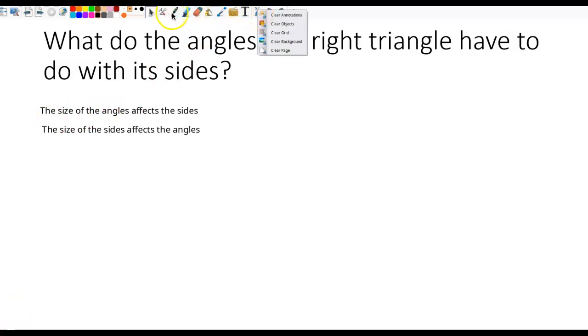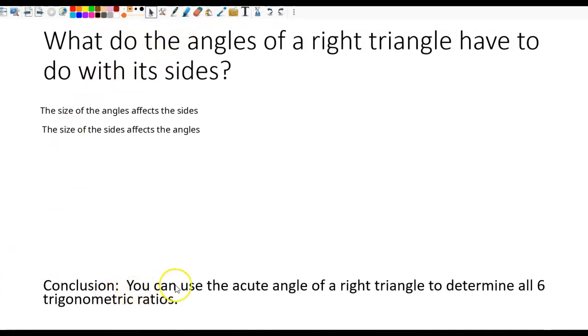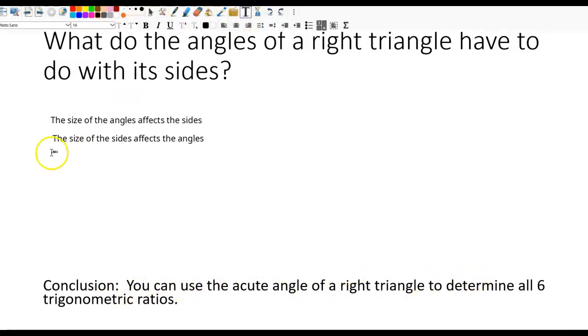So if it's true then that the angles and sides have this relationship where they affect each other and they depend on each other, well then that means that the angles must have something to do with the trig ratios, because the trig ratios are based on the sides. Okay, so we can come to our third conclusion, and here it is. You can use the acute angle of a right triangle to determine all 6 trig ratios. They have to affect each other.